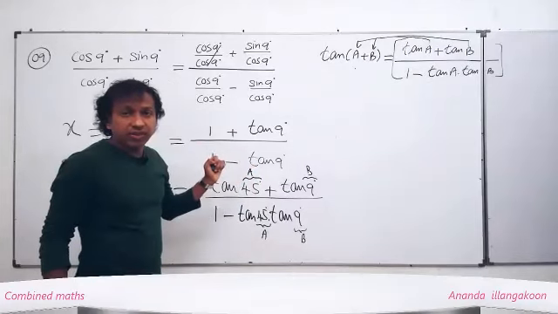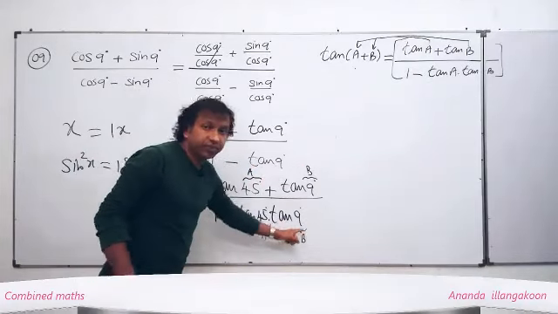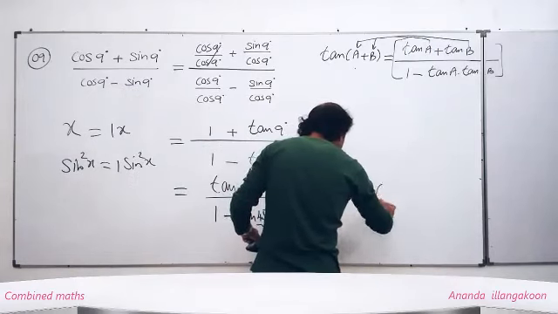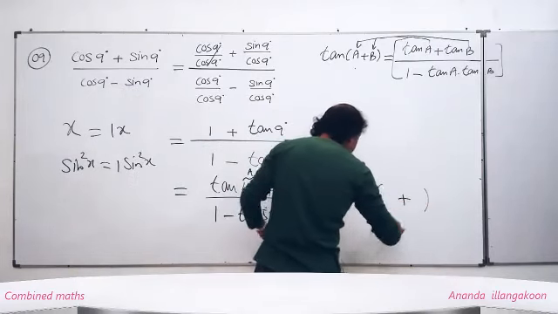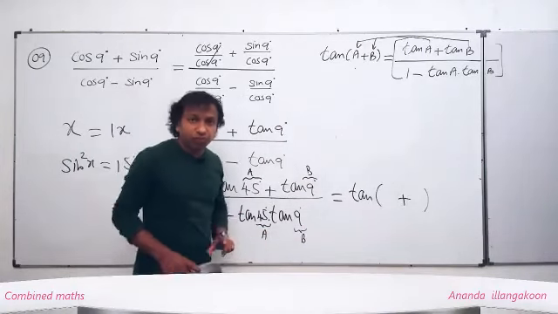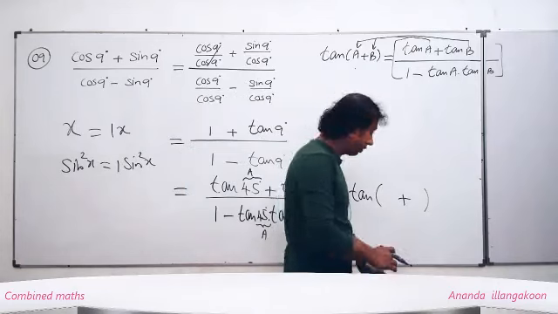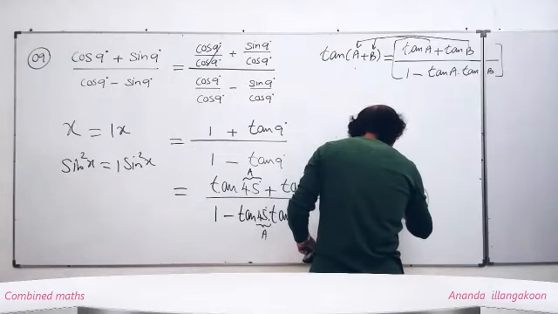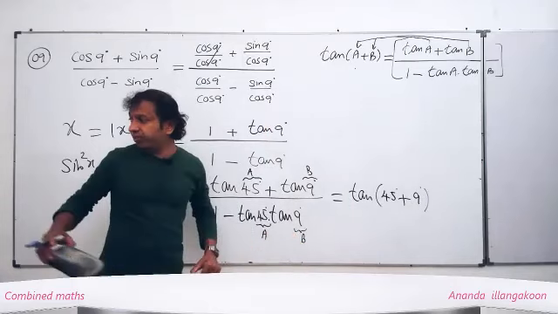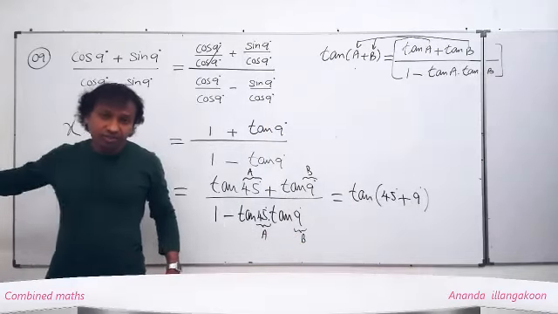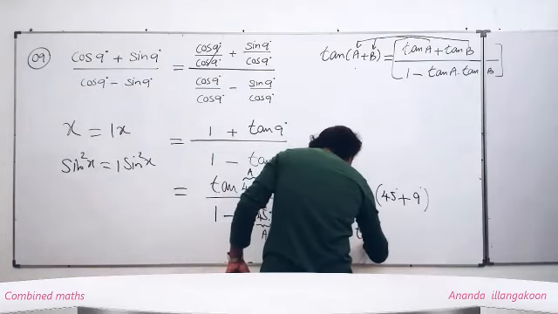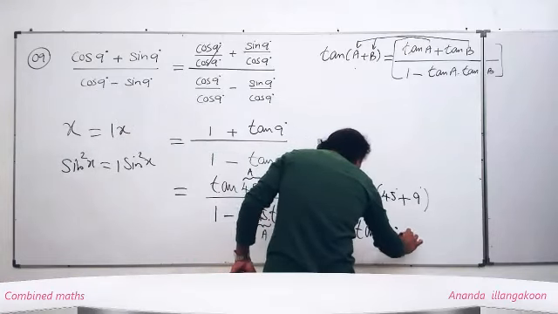Then how to write this one? You can write tan, with the plus sign in the middle: this angle plus this angle, 45 plus 9. 45 degrees plus 9 degrees means 54. Tan 54.